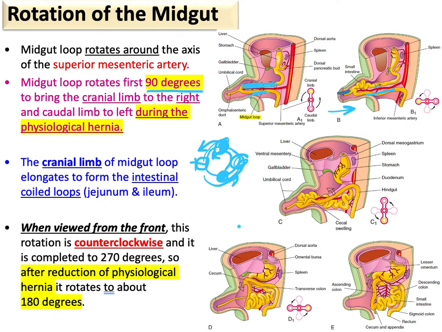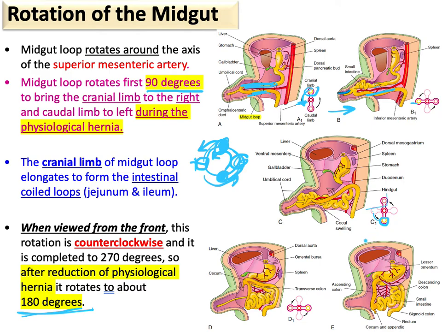That means 90 and 90, that means 180 degrees. Look at it here. This is the cranial limb, 90 degrees at first, now it becomes here. Then from there, while they are retracted, they also rotated during that process. Look at the arrow again, counterclockwise. So now it becomes down here.